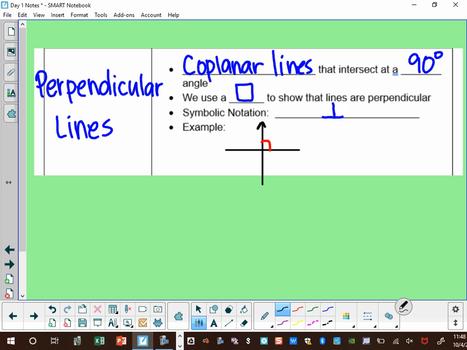This tells me that these 2 lines are perpendicular because they are meeting at a right angle. And in order for something to be perpendicular, it has to have 2 lines. All good?